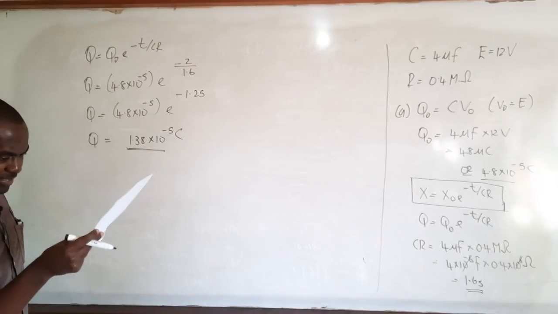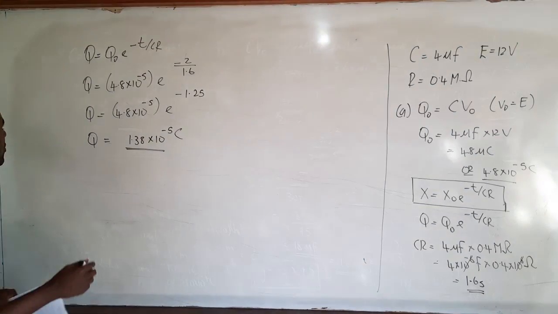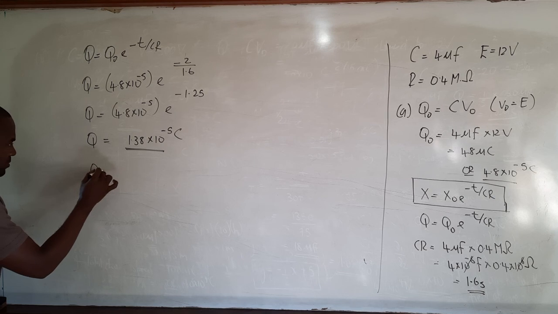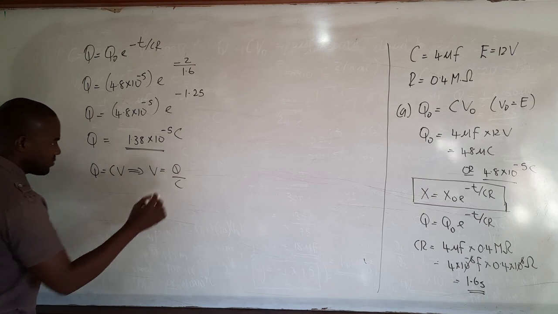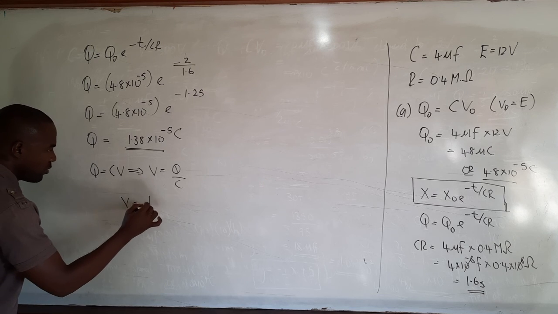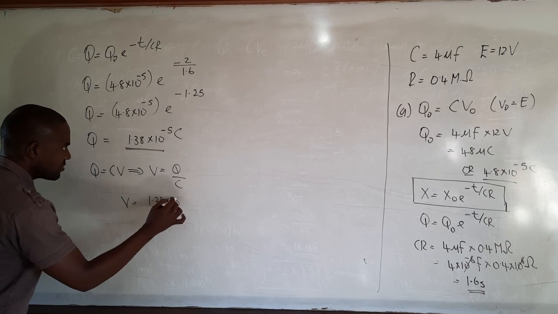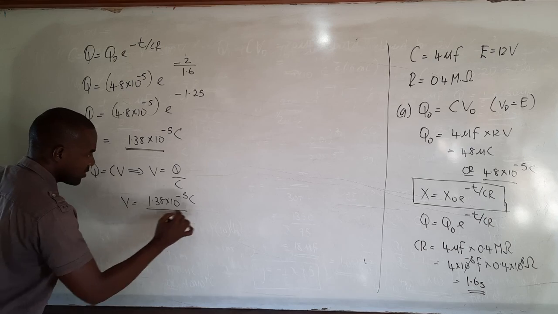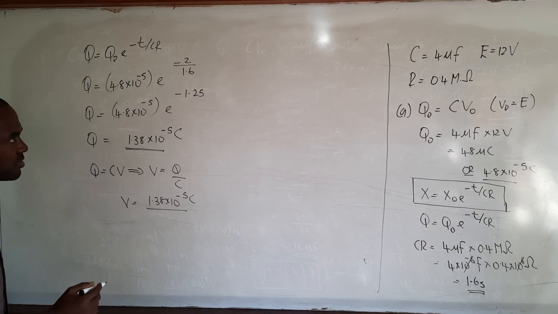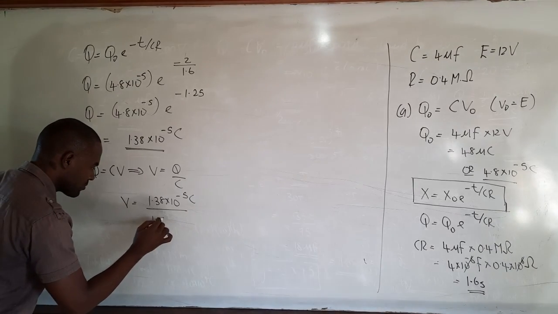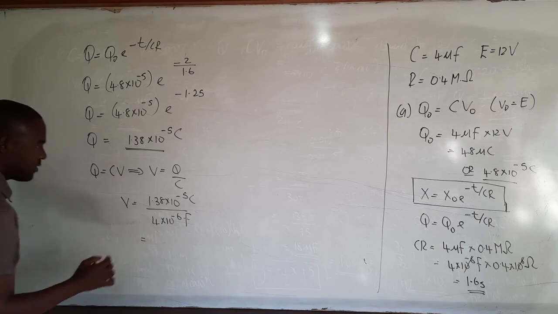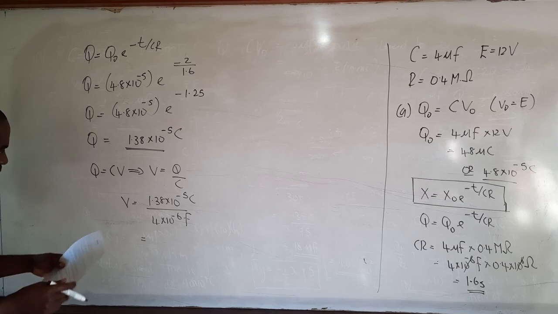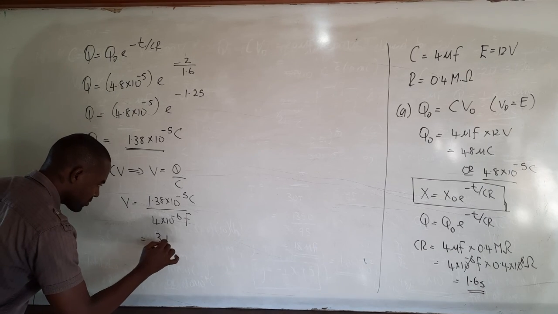And of course, since the capacitance remains constant, we can now say Q is equal to CV, which therefore means that V is equal to Q over C. So V is equal to 1.38 times 10 to the minus 5 coulombs divided by the capacitance, which is 4 times 10 to the minus 6 farads. And this basically gives us 3.44 volts.